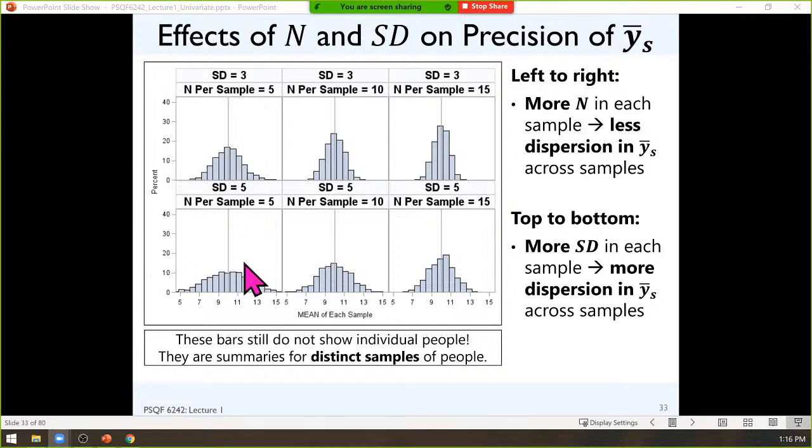But as you get more variance across people, then the further away any one sample mean is. So the more variable your people were in the first place, the harder it is to get a good estimate of the population mean. And the more people you have, the easier it is to get a good estimate. So variance and sample size are working against each other in this process.